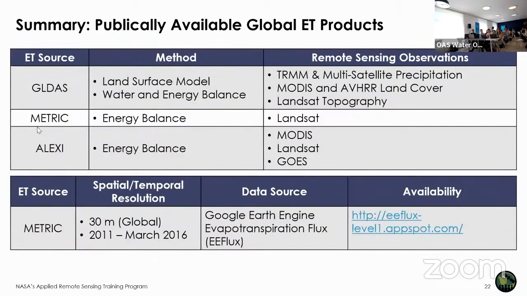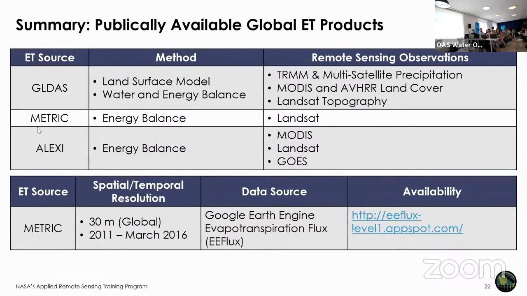There's some Africa stuff. Each one of these has a number of satellite products that go into them. So GLDAS pulls in both the precipitation as well as the land cover products from multiple satellites and the topography. Alexi has, again, a bunch of satellite data that goes into it, right?